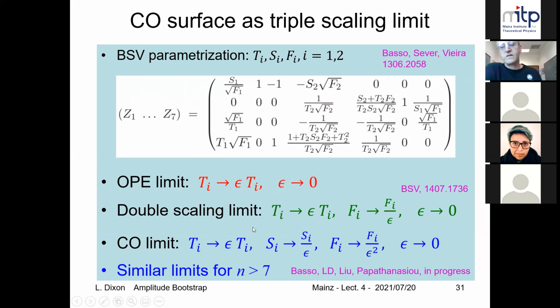There's another limit called the double scaling limit, where you scale the T's to 0, but you scale the F's in opposite direction. And then the CO limit is yet another scaling limit where you apply this transformation. In fact, you can investigate similar limits for n greater than 7 as well, which is something we're working on.